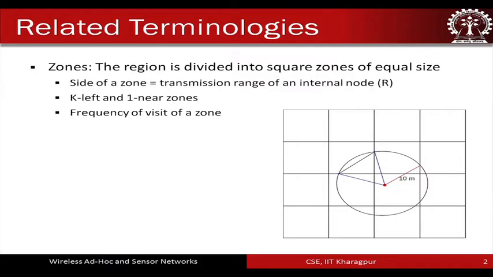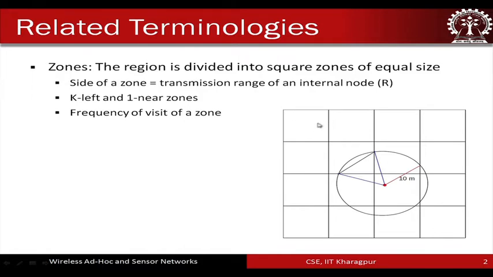Let us look at this particular figure. What we have over here is a region that has been segmented into different square-like zones of equal size. The size of a zone is basically the side of a zone. So, these are the different zones.